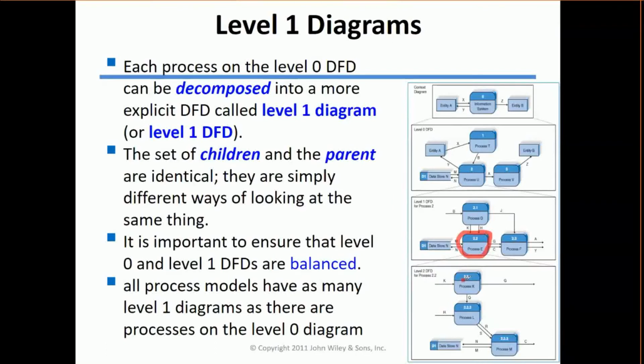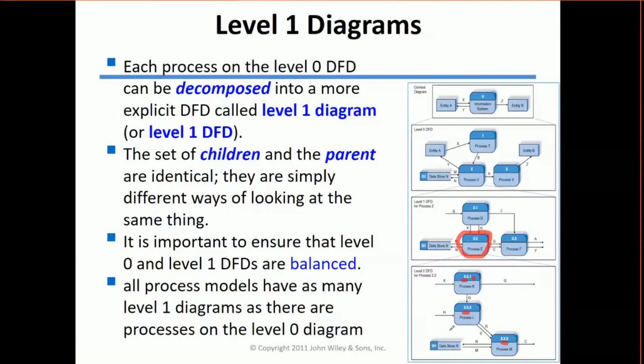This is why the 2.2 is there everywhere, and its children are 1, 2 and 3. So this one process is further decomposed into 3 processes, and all the inputs, outputs and the entities are kept balanced.